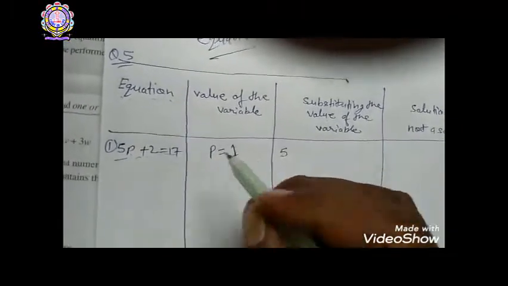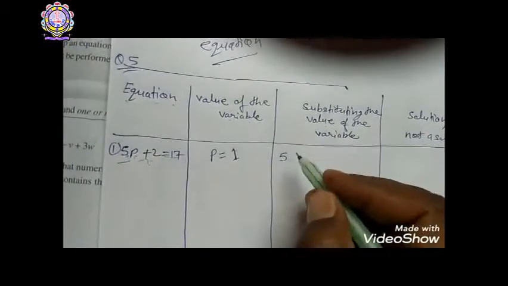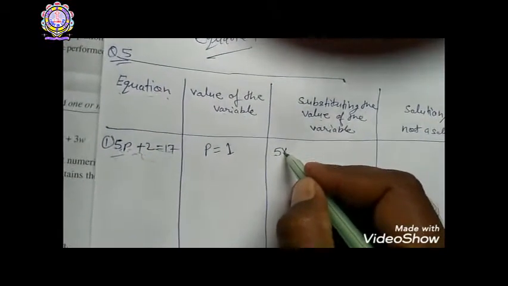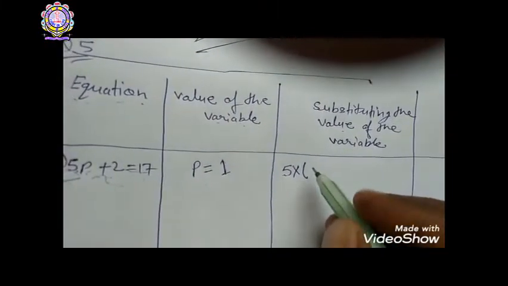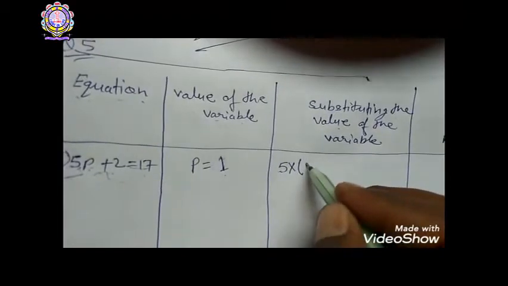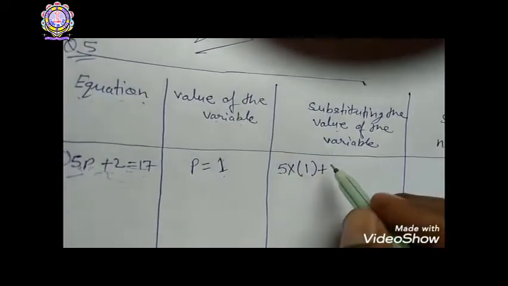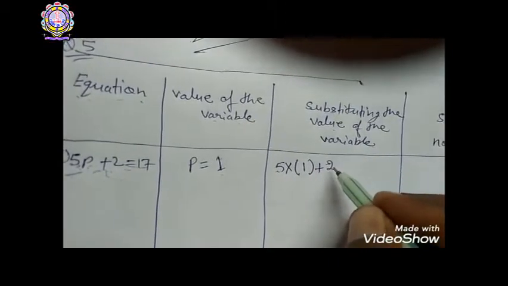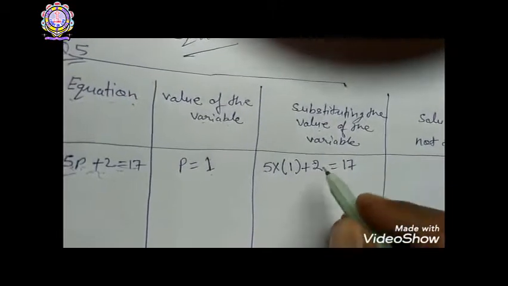There is a multiplication symbol between 5 and p. So you write 5 into bracket and write the value of p, just 1. Then plus 2 is equal to 17 and solve it.